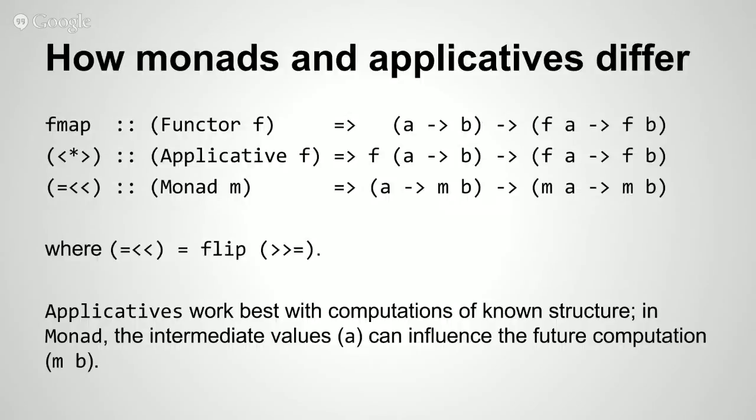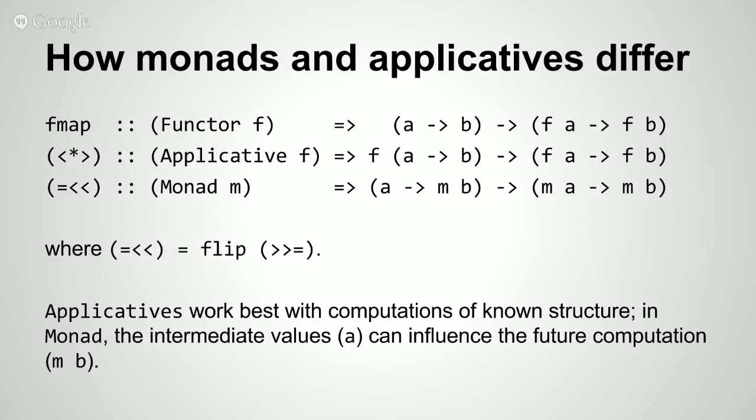Okay, so if you want a sense of how monads and applicatives and functors differ, you can look at their fundamental combining operation. fmap takes a pure function and a container, and it applies it to the container, while applicative allows that function to be in a computational context as well.